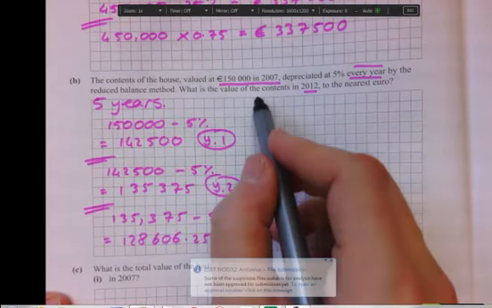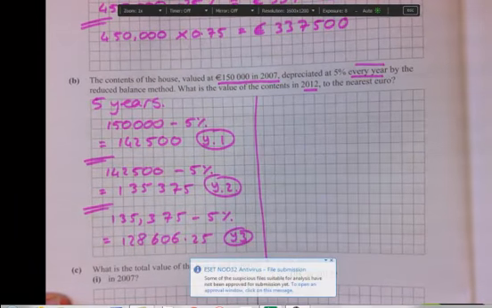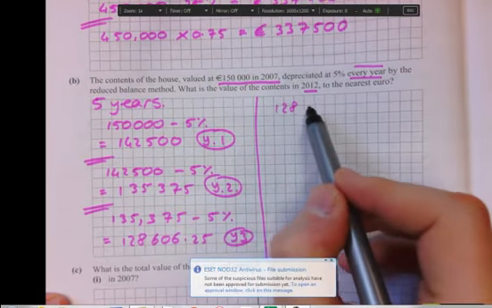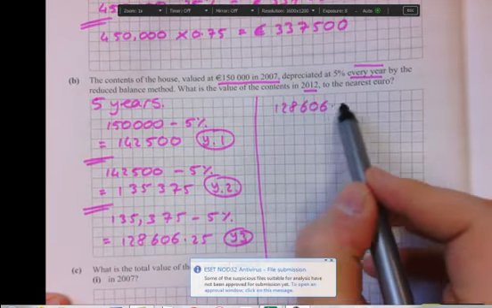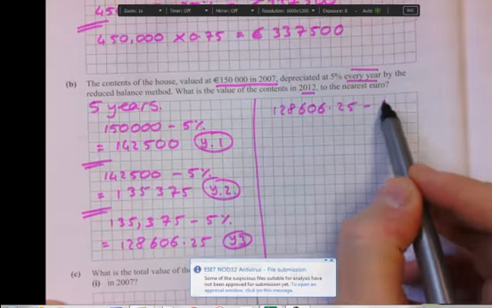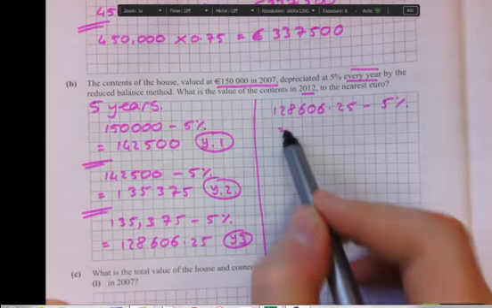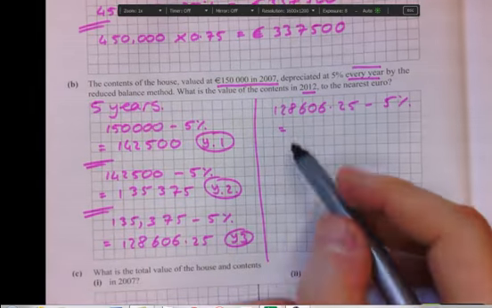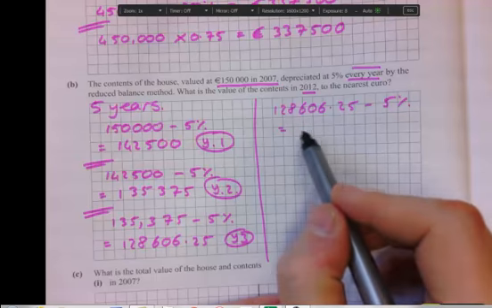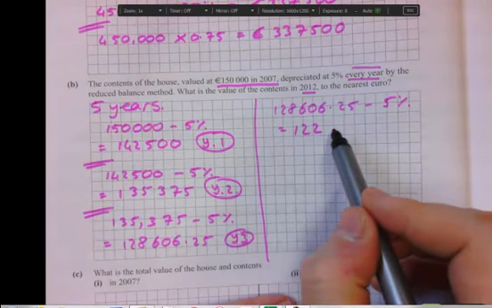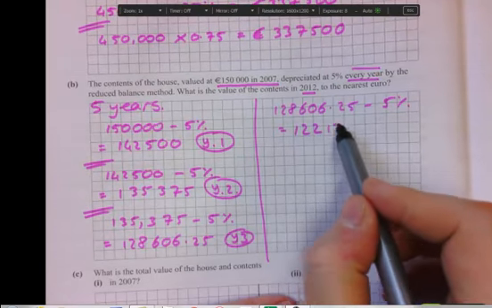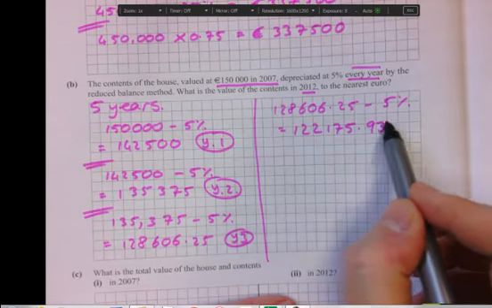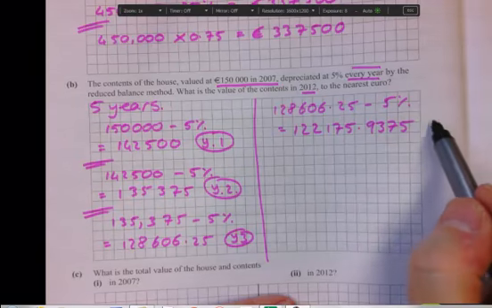We'll just keep this going, so on into year 4. 128,606.25, take another 5%, and you're going to get 122,175.9375, and that's year 4.